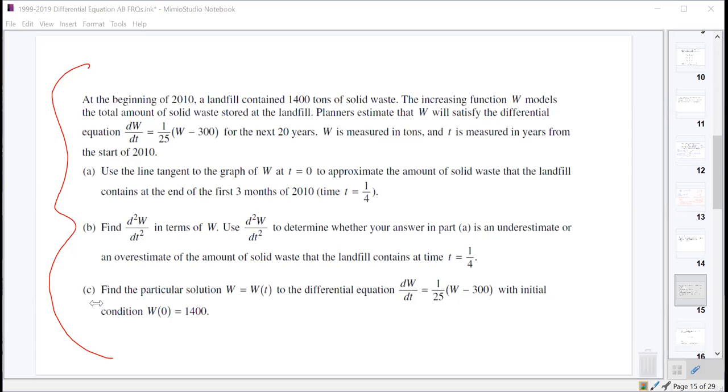I'd like you guys to make an attempt at the first 2 problems on the rate FRQs. Problems 1 and 2. Note that the first one is calculator, the second one is also calculator. Look at that. Isn't that lucky? 2 calculator rate problems. All right.